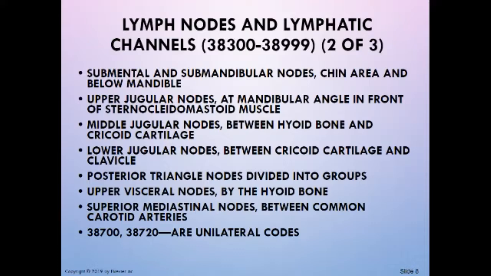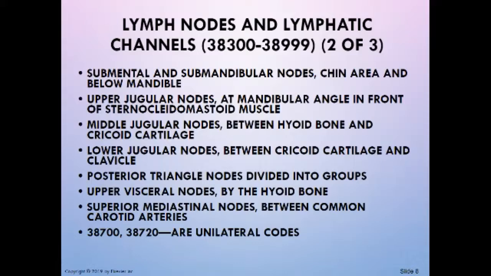Submental and submandibular nodes, chin area and below the mandible. Upper jugular nodes at the mandibular angle in front of the sternocleidomastoid muscle. Middle jugular nodes between hyoid bone and the cricoid cartilage.